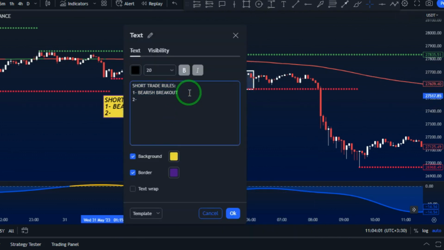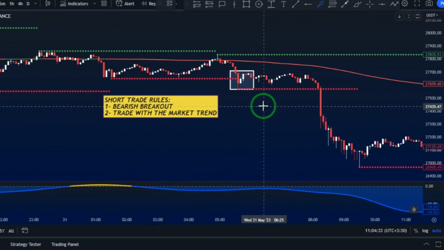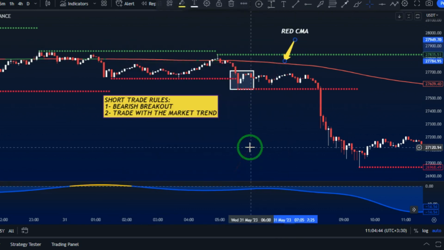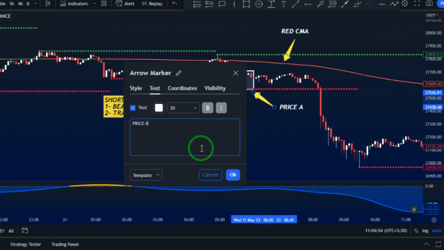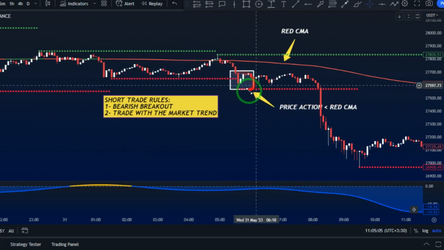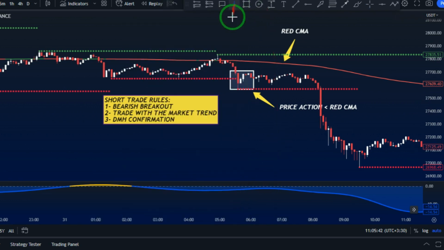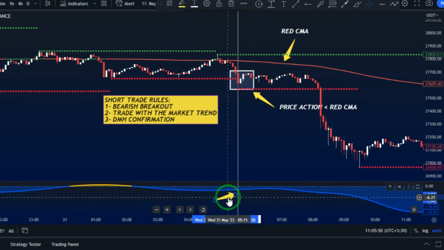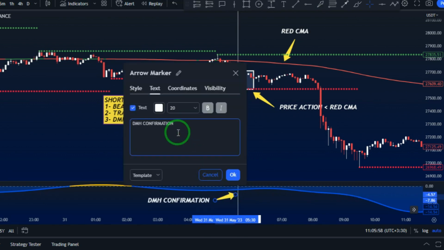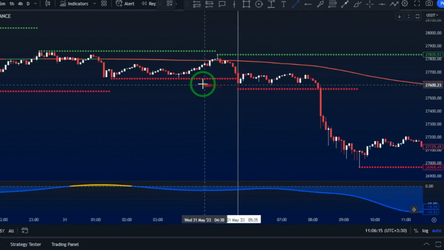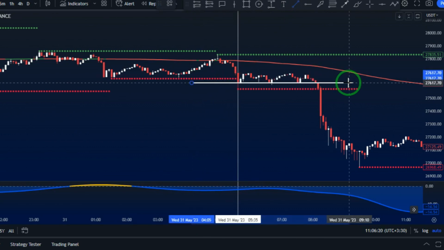Next, the CMA and DMH indicators must be signaling a downtrend, with the CMA sloping downwards and the DMH indicator below the zero line and blue. So once all three indicators align, you can enter a short trade.